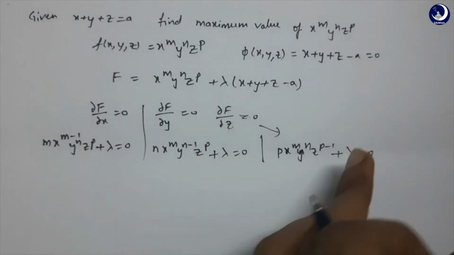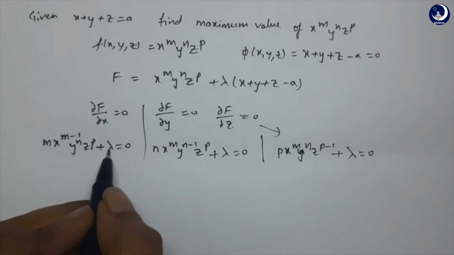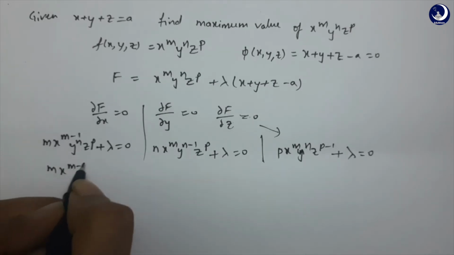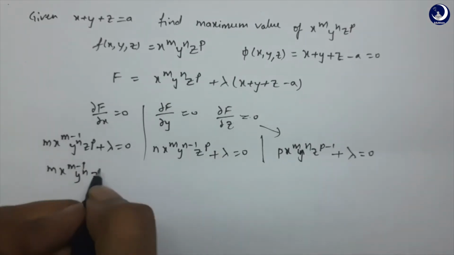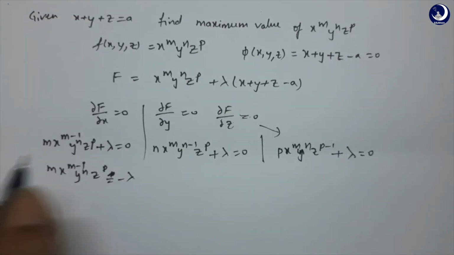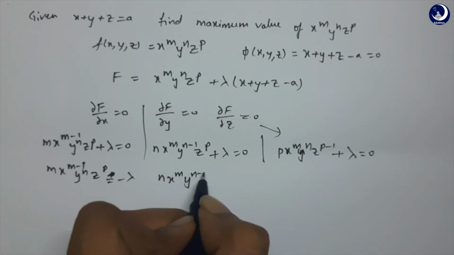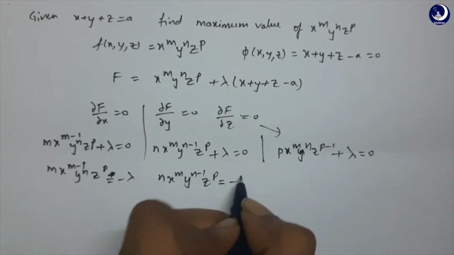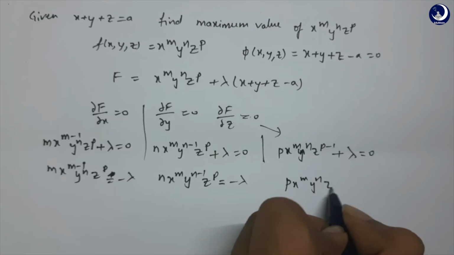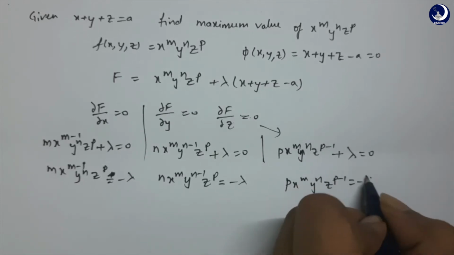Now we need to solve these equations. For all these equations, take lambda to the other side. We would get m x^(m-1) y^n z^p equals minus lambda. It would look like this, and here p x^m y^n z^(p-1) equals minus lambda.